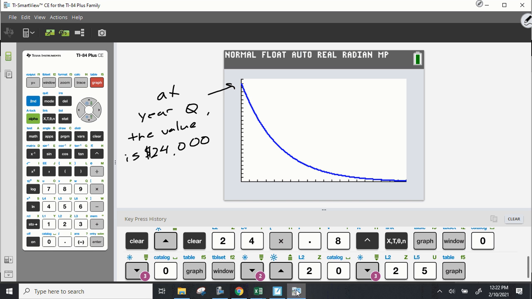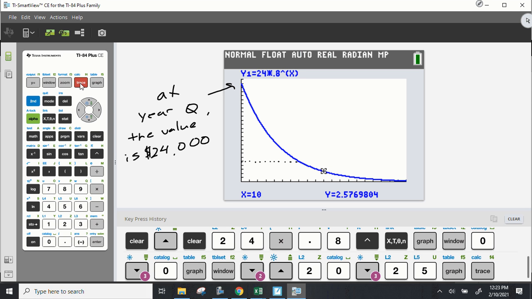Okay, about when will the value be about 5,000? So we're looking at what value we have here. And interestingly enough, we could plug that into the original function, but since we're sitting here with a calculator, let's use our trace.